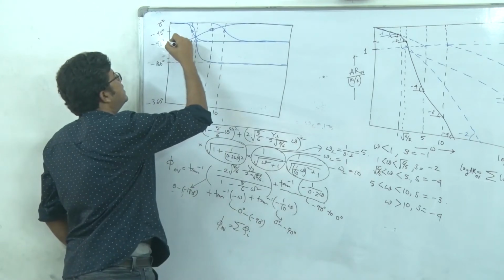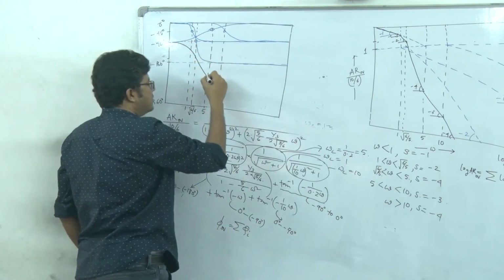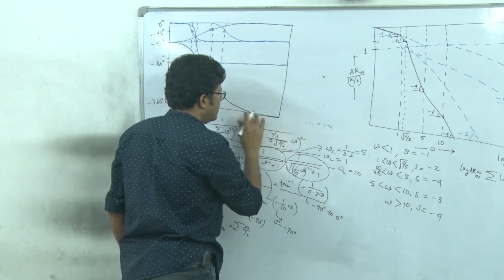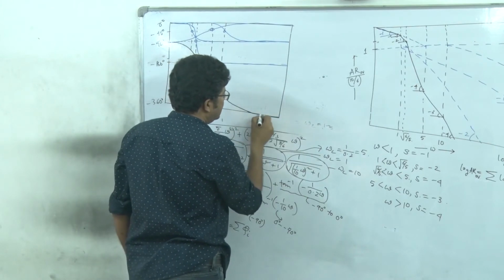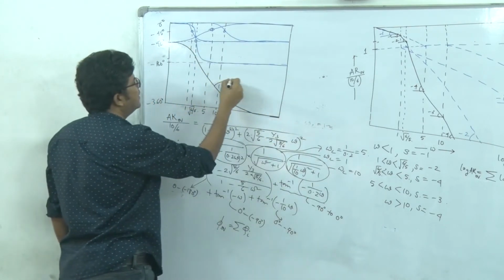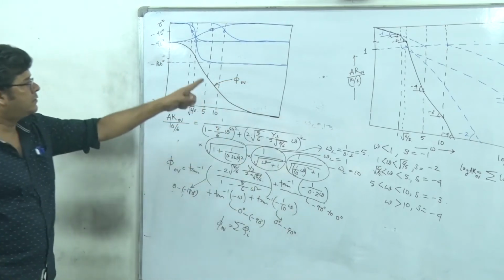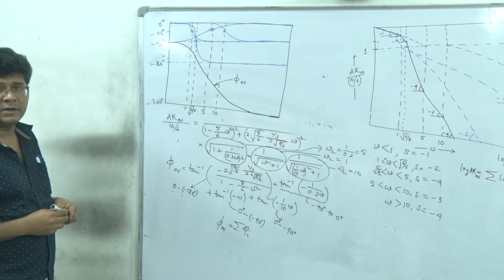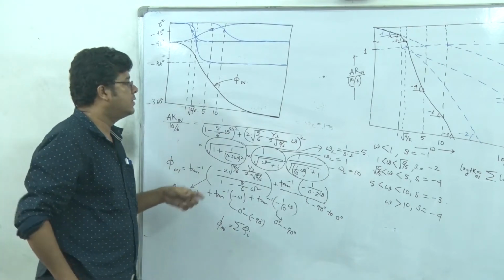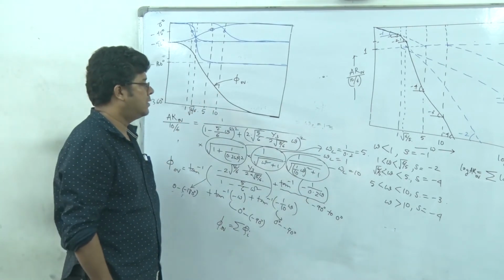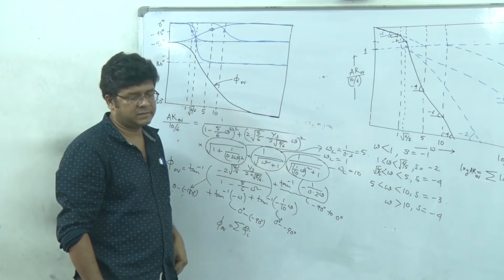So tentatively it will be a kind of plot like this. Right, if you go on adding the individual phi. So these two are the typical Bode plots for the open loop system we have discussed.